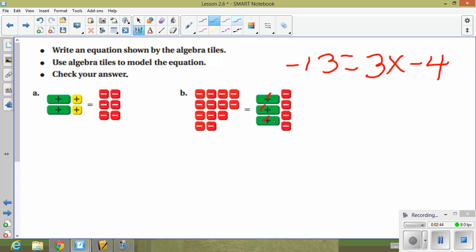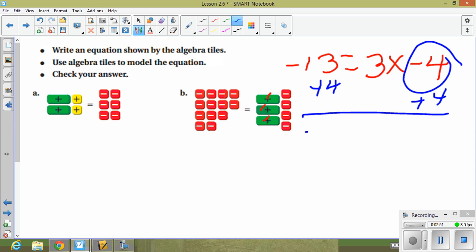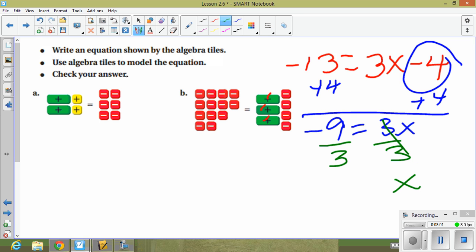So I want to get rid of this minus 4 first by adding 4 to each side. So I have negative 9 is equal to 3x. And finally, I'd like to undo times by dividing both sides by 3. x is equal to negative 3.